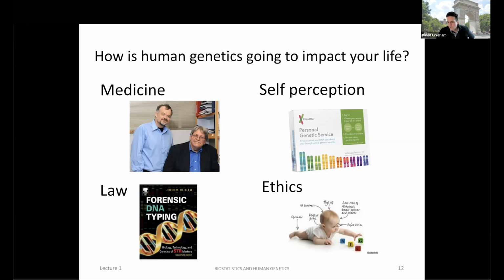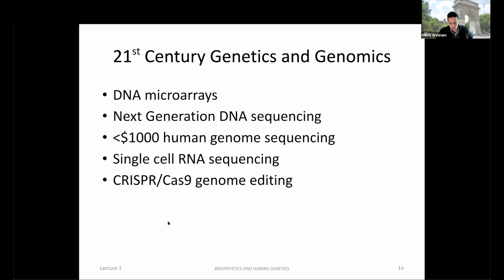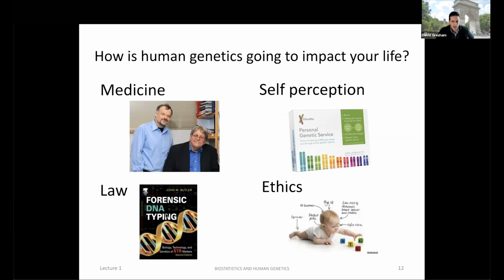Of course, we've all watched all the terrible TV shows where they use DNA genotyping for capturing criminals. So for legal issues, human genetics is very important. More recently, there's a lot of interest in understanding our own personal history through using services like 23andMe.